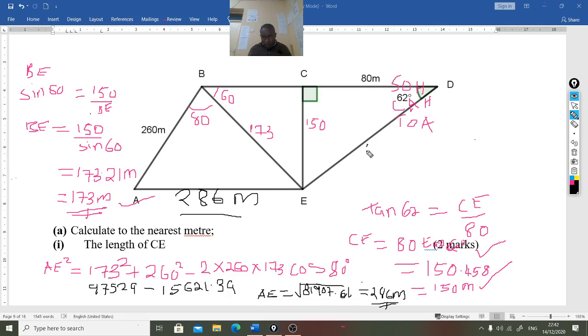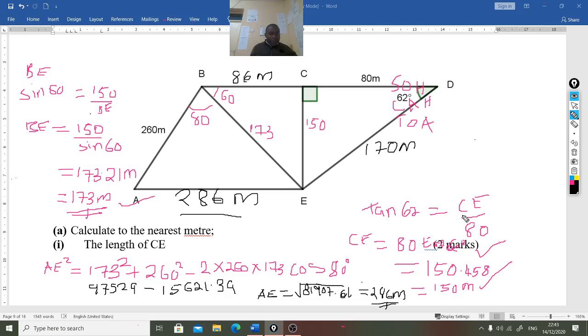So this is 170 meters, and this one, 80 meters. I can also use the square root of 173 squared minus 150 squared. Whatever I get, I find the square root of the answer. I get 86 point something, to the nearest meter 86 meters.